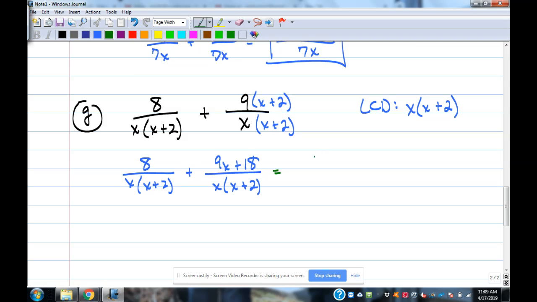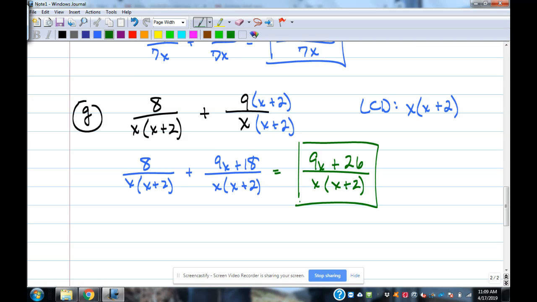Should be 9x plus 26 over x times x plus 2. Can I factor that numerator? No. Okay, so if it won't factor at all, I know I can't simplify because it doesn't match anything that's in the bottom. I know I'm done with that one. That least common denominator: got the shared piece, and then what's missing.